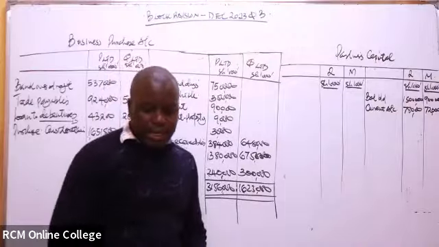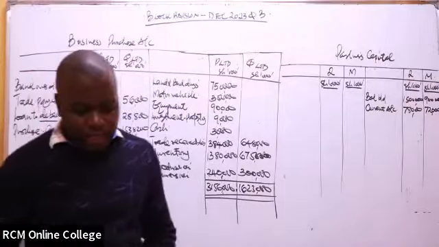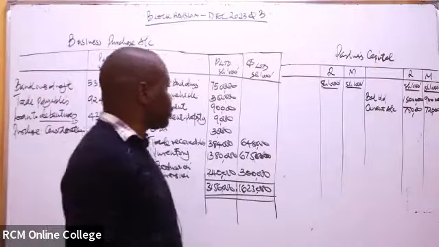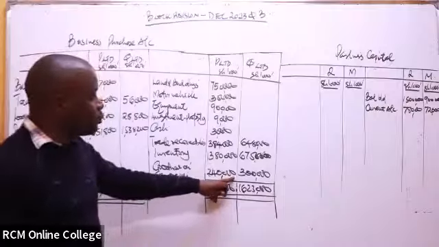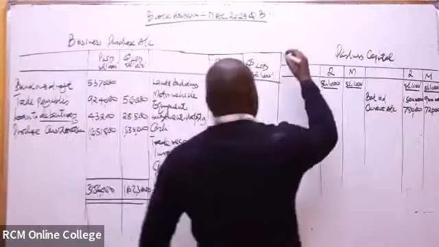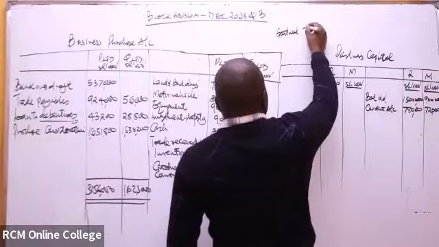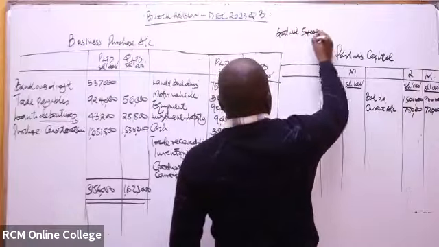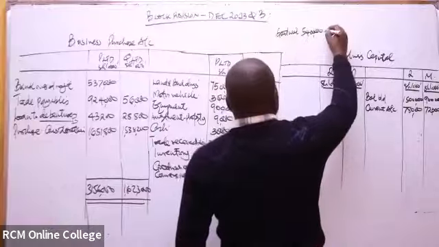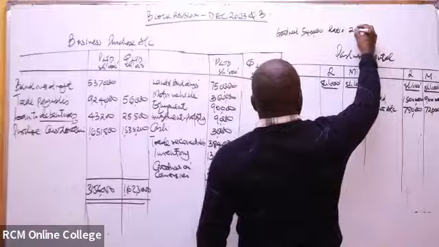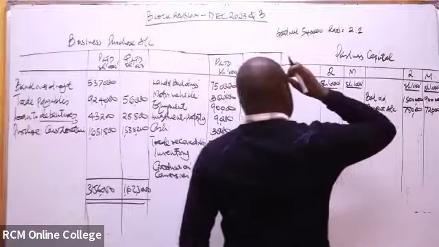Then there's also goodwill, the goodwill they ended up enjoying. In total, the goodwill is 540,000. They were sharing profits in the ratio of 2:1.